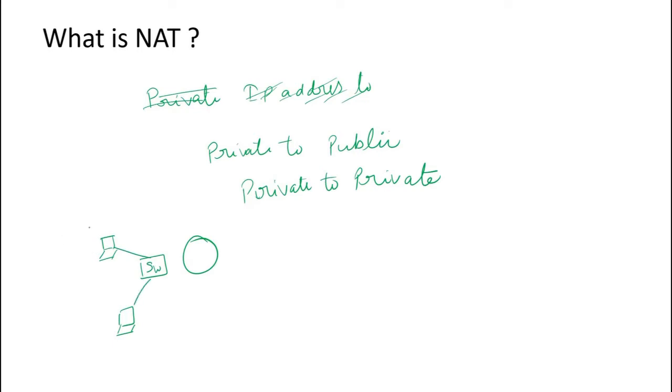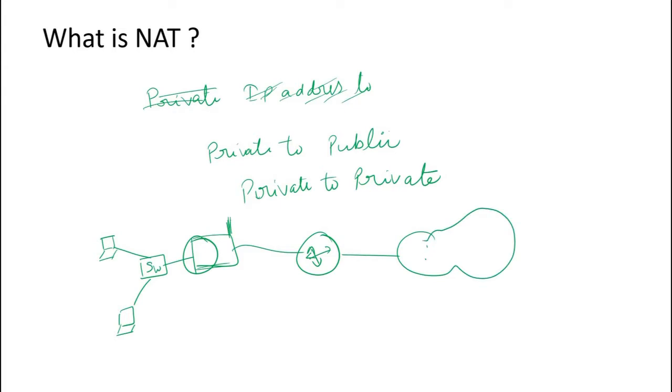You have two computers in your home, and this device is called a wireless router. This wireless router might be terminating on some ISP router, and then it might be connected to the internet. Let's say this is our internet.